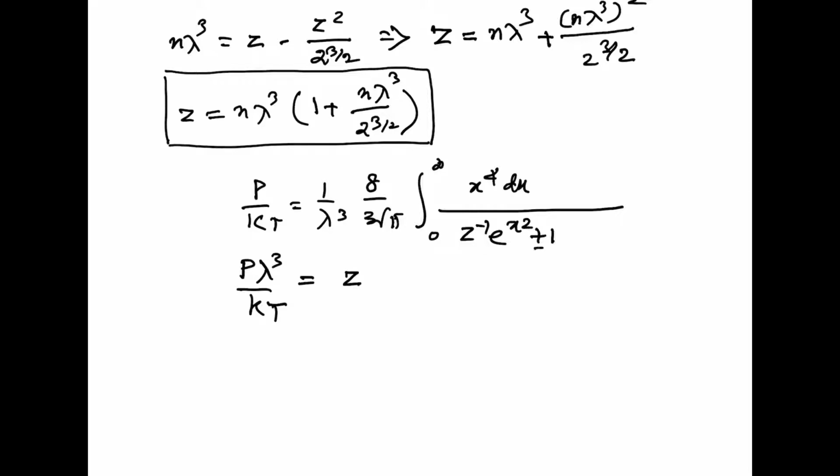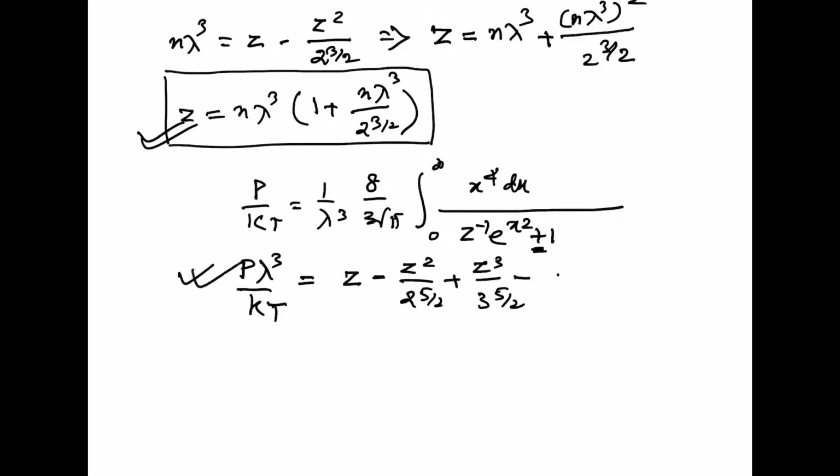For the Fermi gas, with this plus over here, we had minus z square divided by 2 to the power 5 by 2 and plus z cube divided by 3 to the power 5 by 2 and so on.